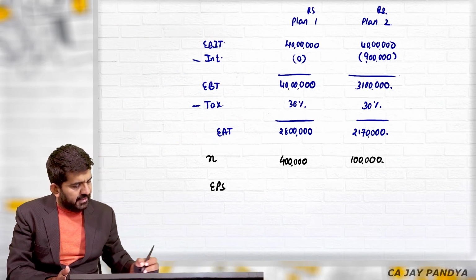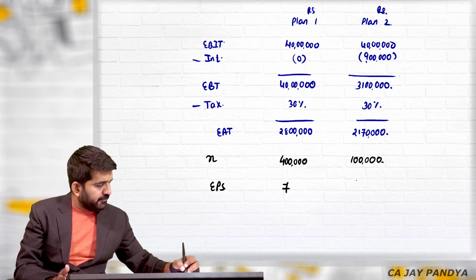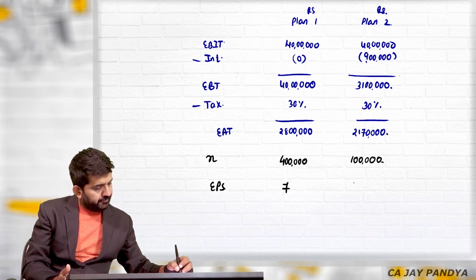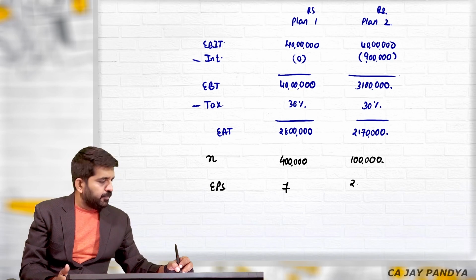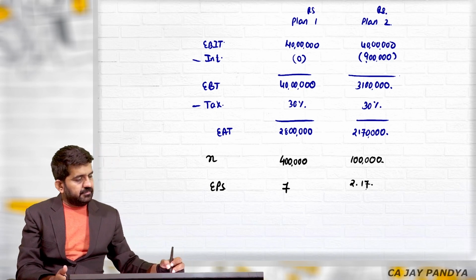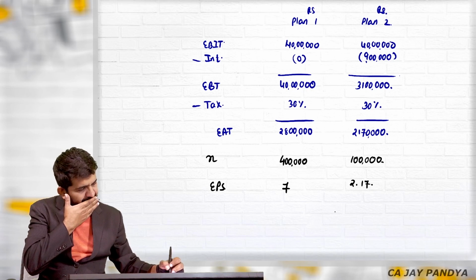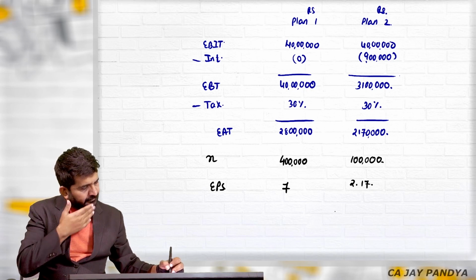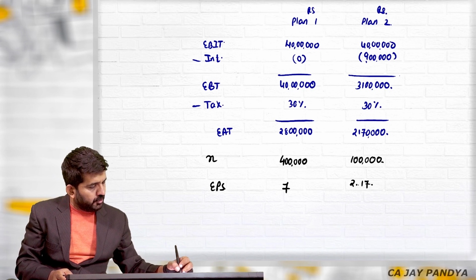What will be EPS? EPS will be 7, and this will be 21.70.